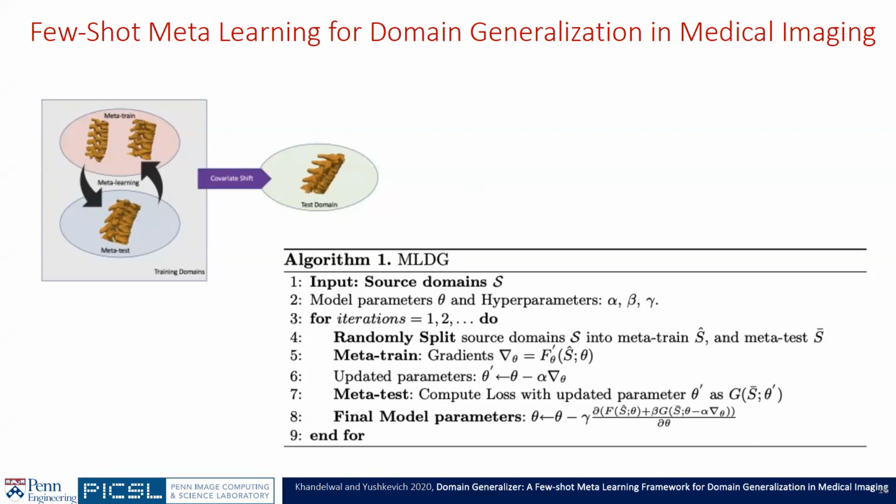Once you're done with all the iterations, you are kind of confident that these model parameters, weights, and biases, when you deploy it in the real world on this test domain, does better than a simple vanilla UNet.